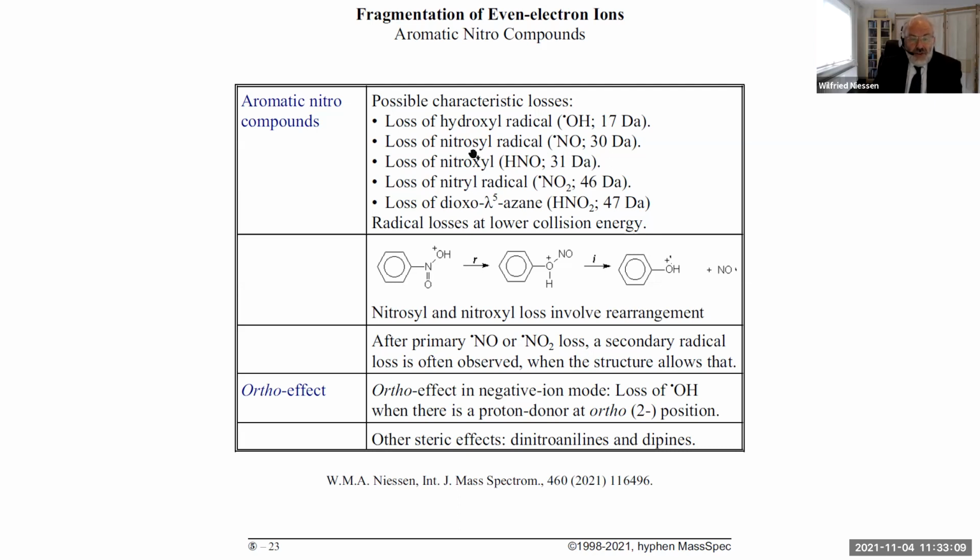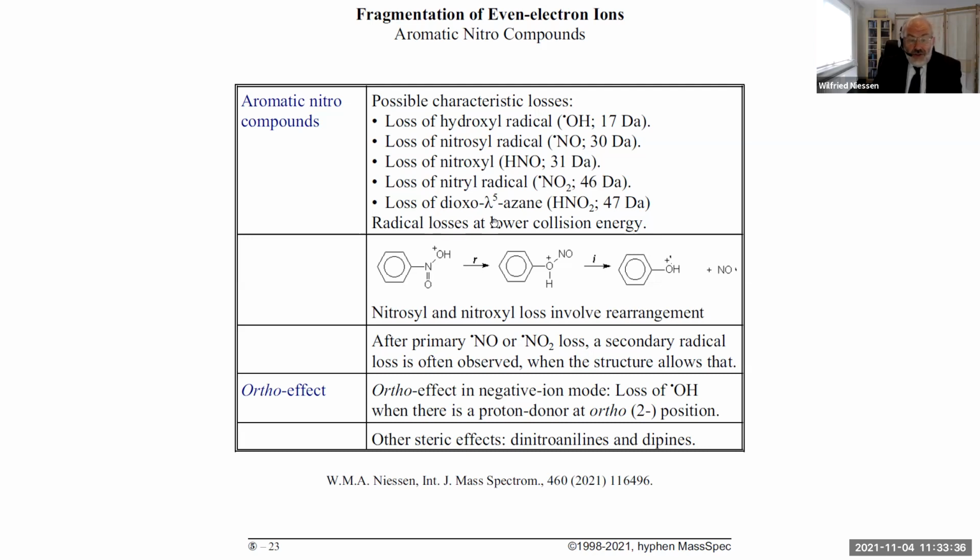It can show losses of nitrosyl radicals, NO dot, loss of 30. It can show losses of nitroxyl, which is basically HNO, loss of 31. It can show losses of nitryl radicals, which would be the NO2 dot, the loss of 46.